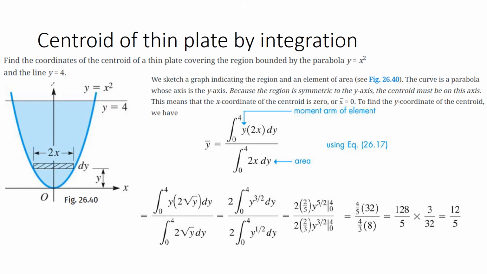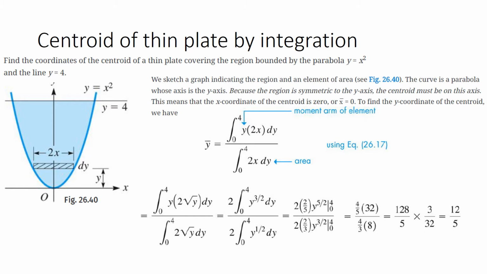So the moment of some element, that little rectangle that I've picked, is equal to y, which is the distance from that origin O in figure 2640. I'm sorry, the distance from O is y.